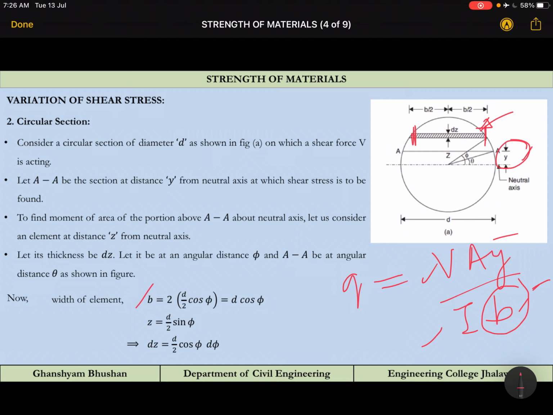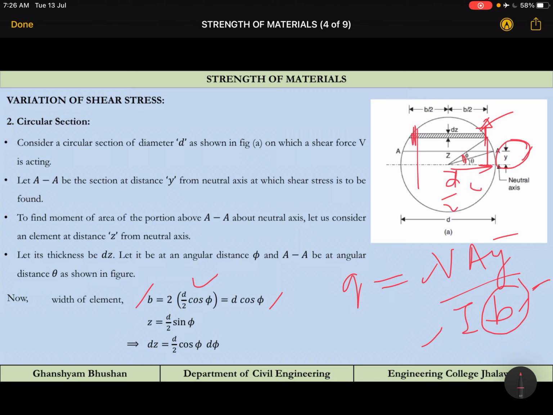So this is nothing but 2 times d by 2 cos phi. D by 2 is nothing but radius only. If this is phi, this will be d by 2 cos phi, and total width will be 2 times. So 2 into d by 2 cos phi, it is coming out to be d cos phi.